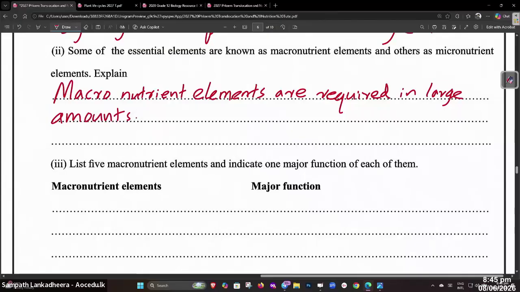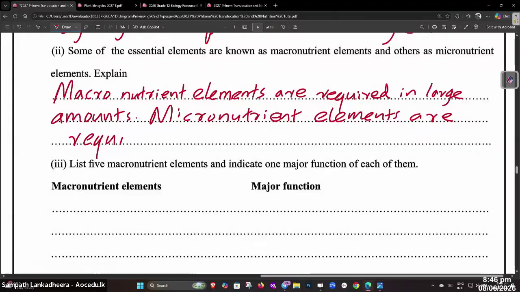Micronutrient elements are required in small amounts.